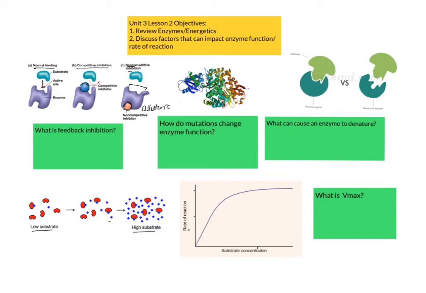This is also called allosteric inhibition. It's just a location on the enzyme that's different from the active site. And when that binds, it causes a conformational, a structural change to the enzyme that makes the active site no longer able to bind the substrate. And so, again, the result is that the enzyme can't function.